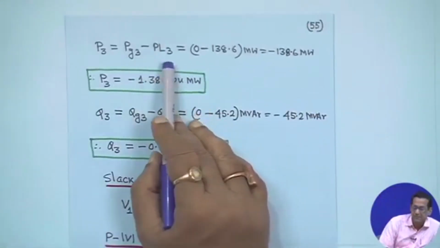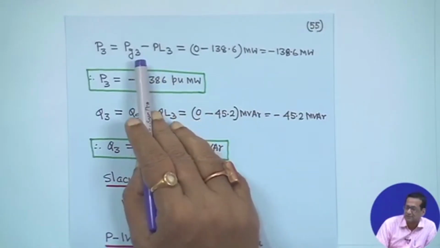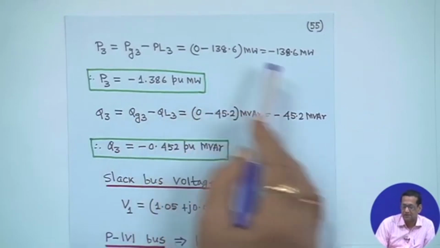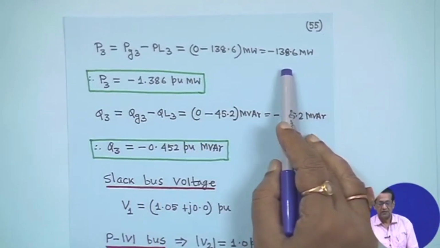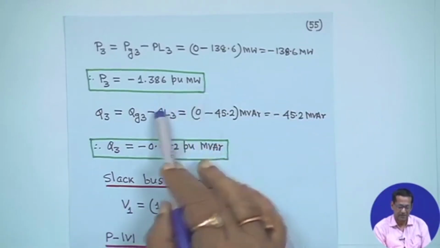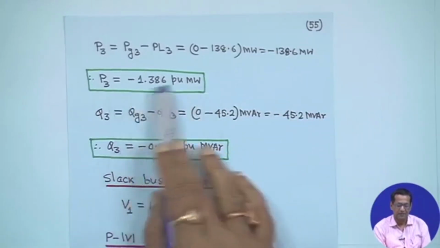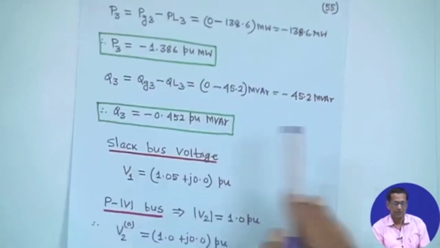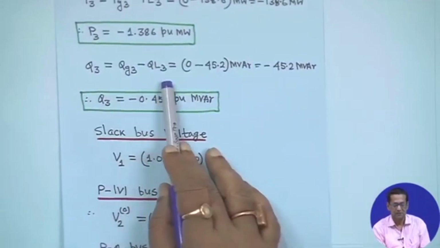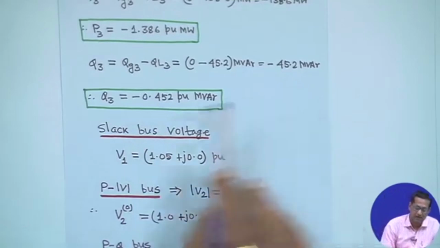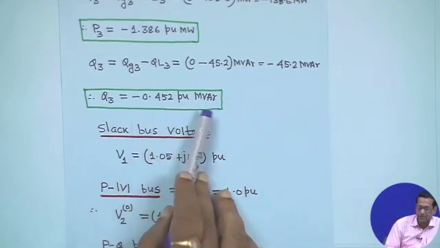Similarly, P3 is equal to Pg3 minus PL3. There is no generator at bus 3, so it is 0 minus 138.6 megawatt. If you divide by 100, as 100 MVA is the base, that is minus 1.386 per unit. Similarly, Q3 is Qg3 minus QL3, that is minus 45.2, so divided by 100 it will be minus 0.452 per unit.